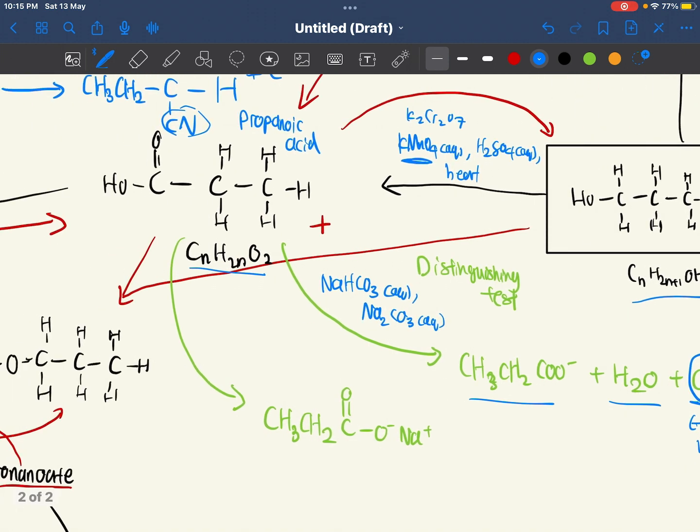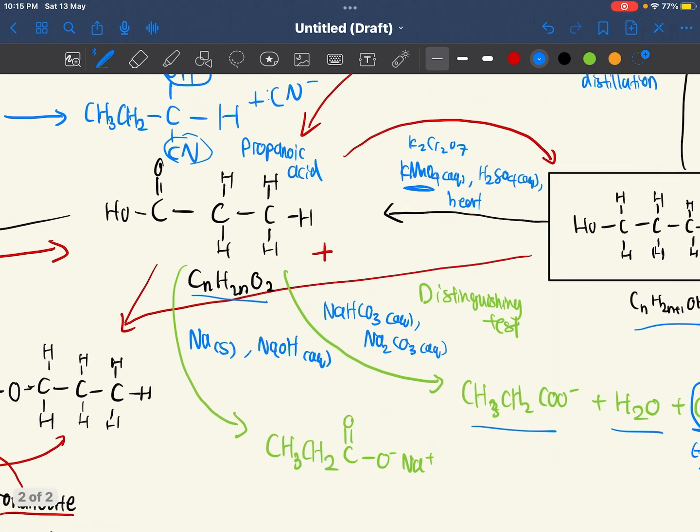Next, we can undergo our redox reaction. We just use sodium metal, or we can add NaOH. That'll work. But please note that we won't use Na as our distinguishing test.